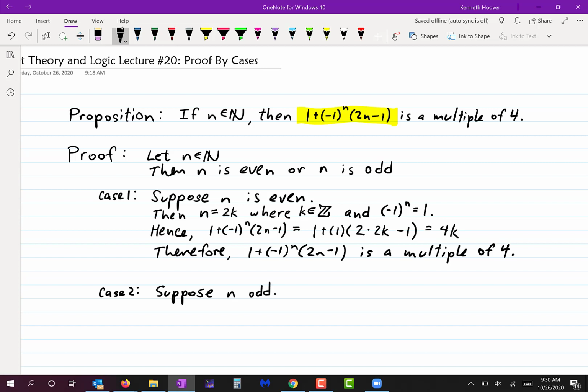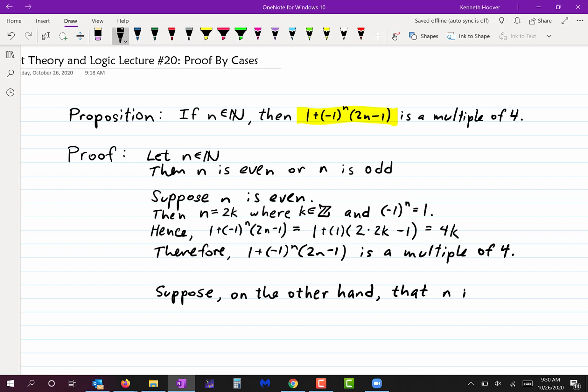Now, here's what I like to do. If you don't write case 1, case 2, then in that case, no pun intended, my suggestion is that when you do the second one, you write suppose, comma, on the other hand, comma, that n is odd.